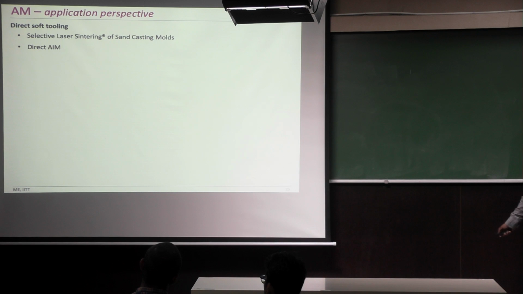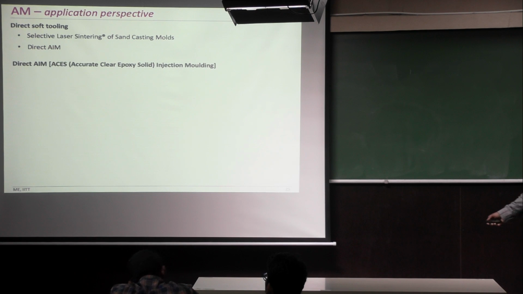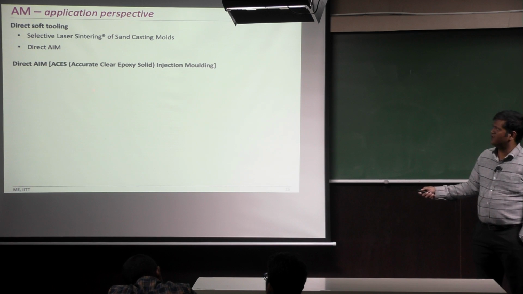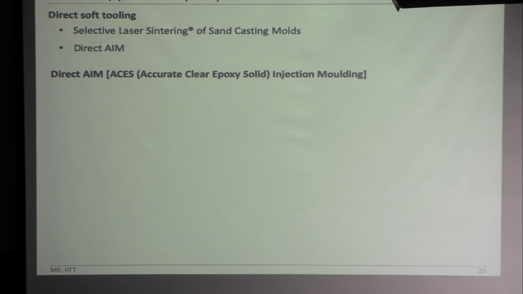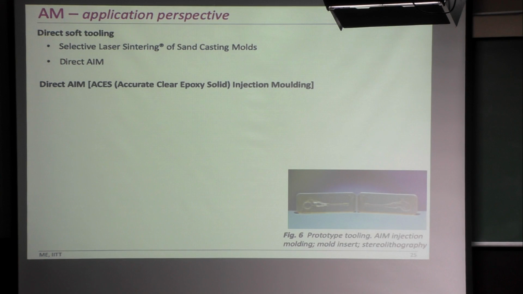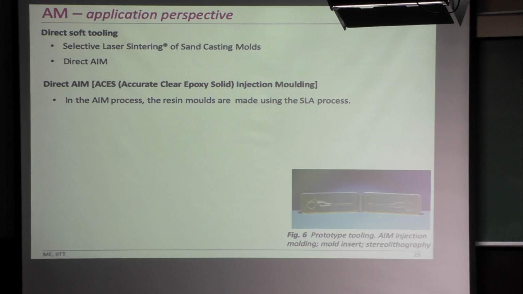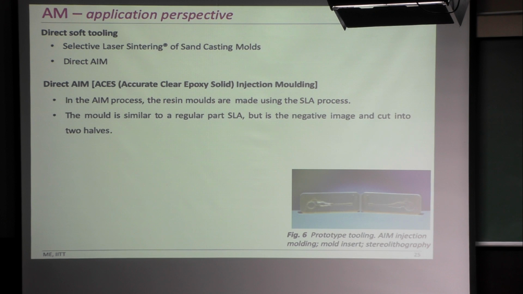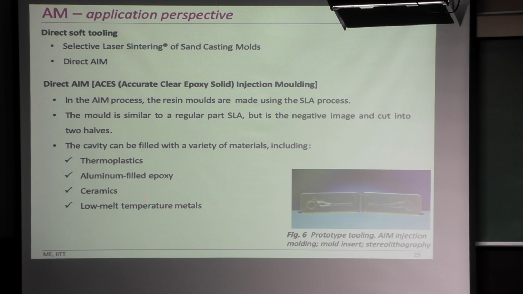The second important example under direct soft tooling is direct AIM. AIM refers to ACES injection molding. ACES is accurate clear epoxy solid. These are the mold inserts made of epoxy, the resin molds, manufactured by using stereolithography.